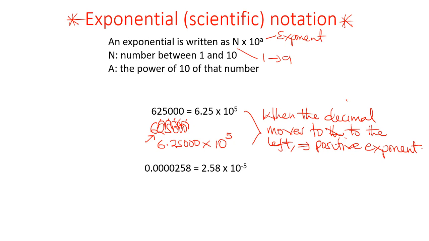So what we are saying, if you want to write it now to three significant figures, then this will be our answer. We may ignore the zeros.